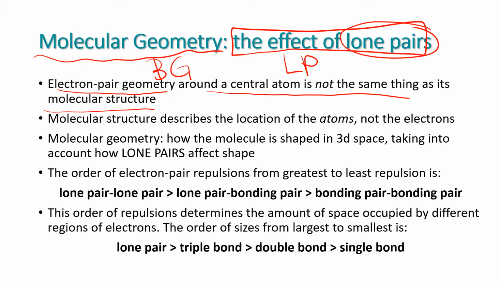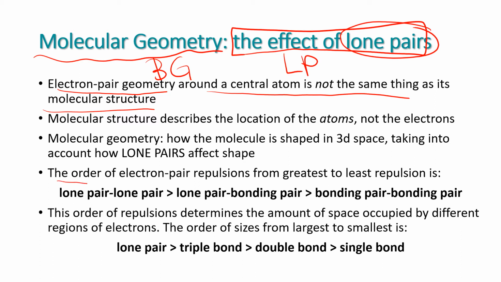So I hope you remember that the basis of electron geometry is VSEPR theory. VSEPR theory is just about the fact that electron pairs are, again, very antisocial. I'm just going to keep on saying it that way. They don't like to be near each other.